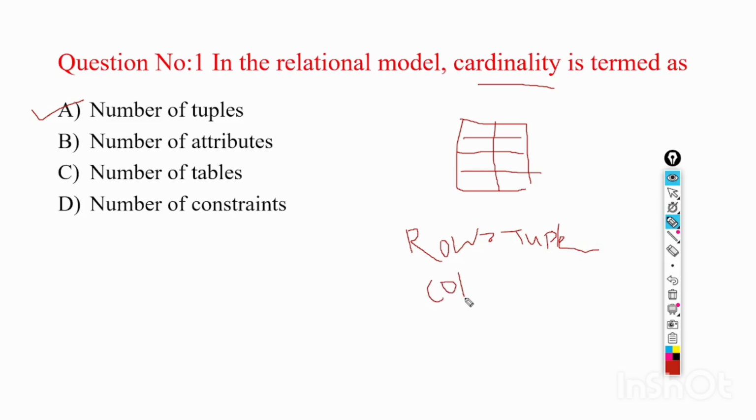In relational model, row is equal to tuple, column is equal to attribute.